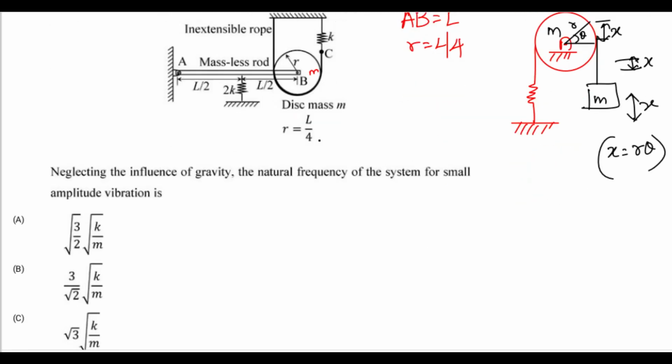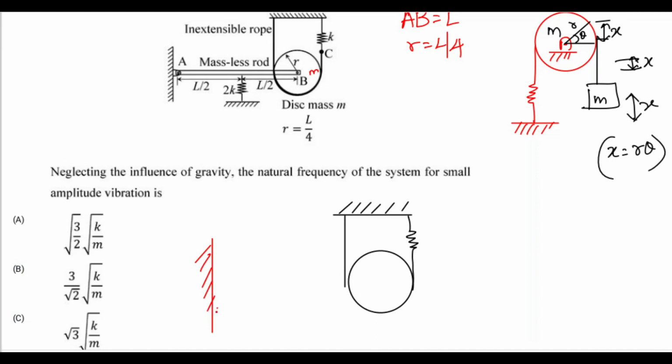So let me draw this diagram over here. First we have a pulley, we have a straight line, we have a disc, we have a spring, and then we have a fixed base. Then we have a massless rod as given in the question.